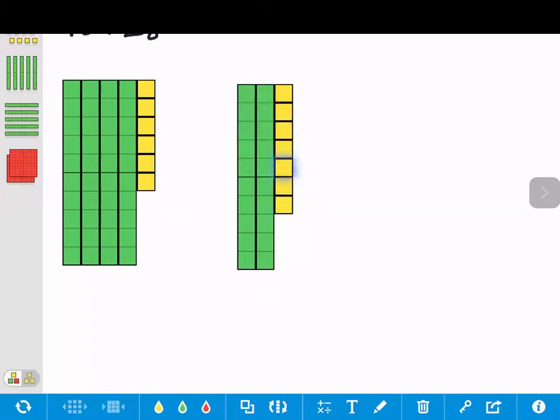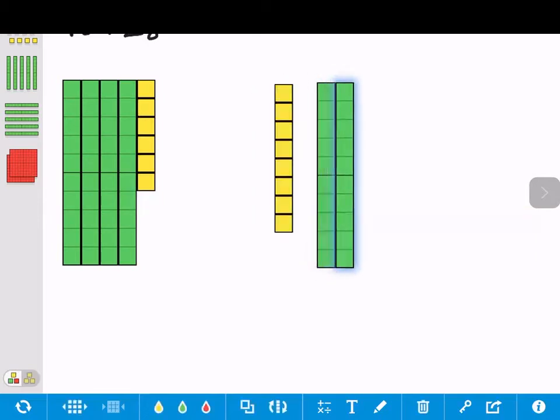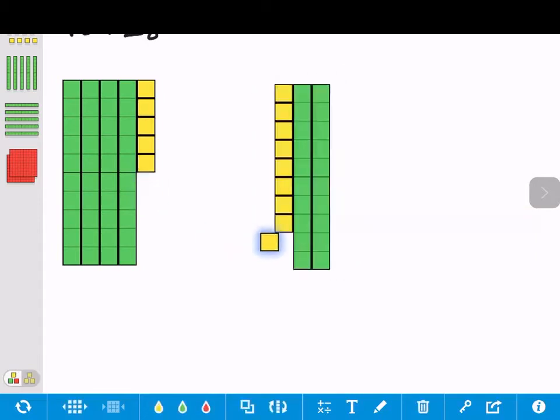So essentially, what we need to do is just combine all of these blocks. So first, we're going to start with our units. So we're going to take these 8 from 28 here, and we're going to add some of the units from the 46 until, look, we have a new long here. So once we've added our units, now we have a long of 10 over here and 4 units left.